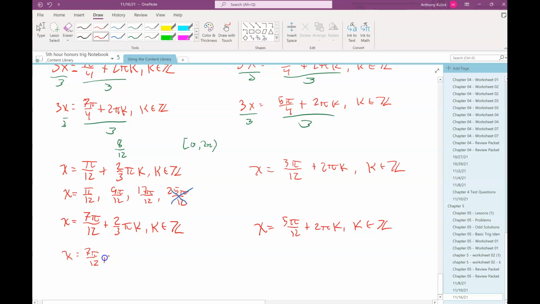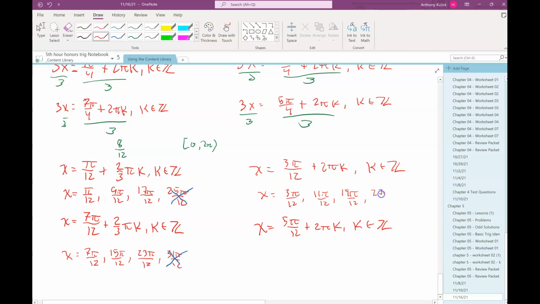So next one, 7 pi over 12. 15 pi over 12. I acknowledge I could reduce that. I'm just not going to do it right now. 23 pi over 12. And then 31 pi over 12. But oh no, that's too big. So 3 pi over 12, I know I can reduce that. 11 pi over 12. 19 pi over 12.